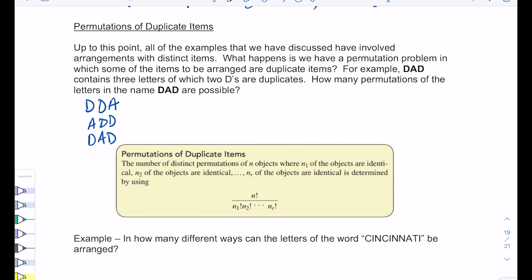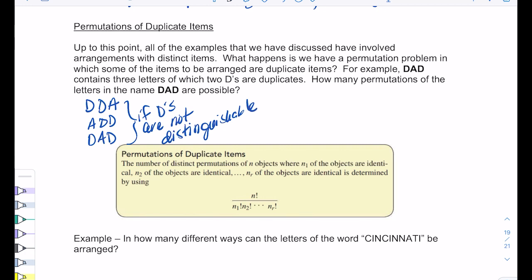So 3 different ways. That's it. So that would be if you can't distinguish the 2 D's, like if there's nothing different about them. So we'll say if they're not distinguishable, if you can't tell them apart.